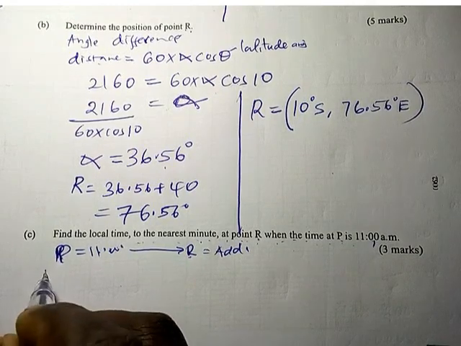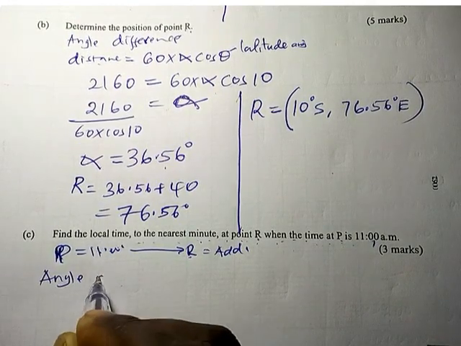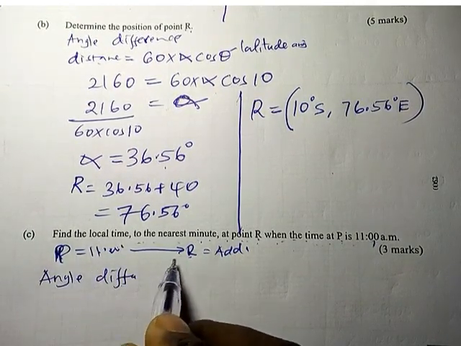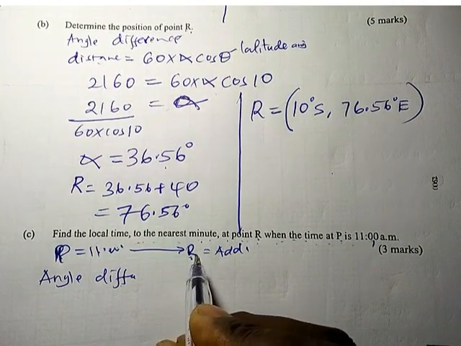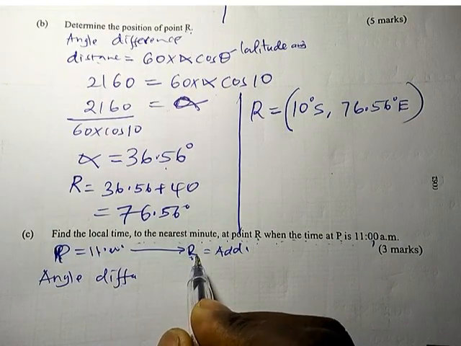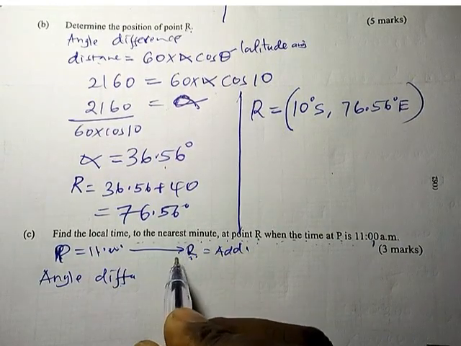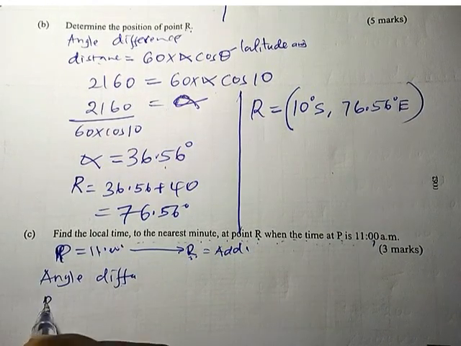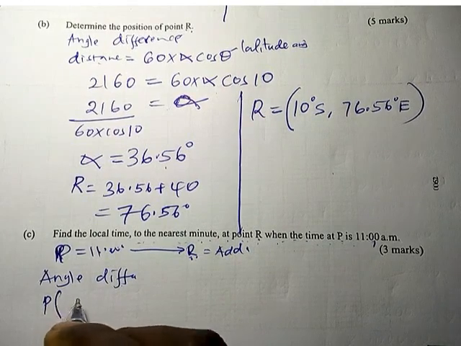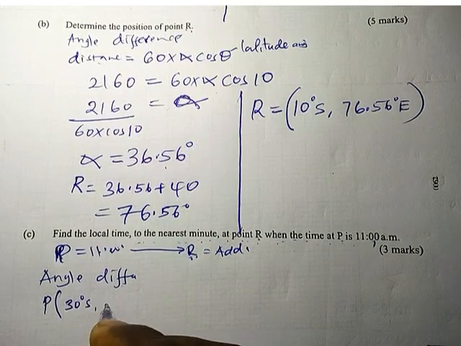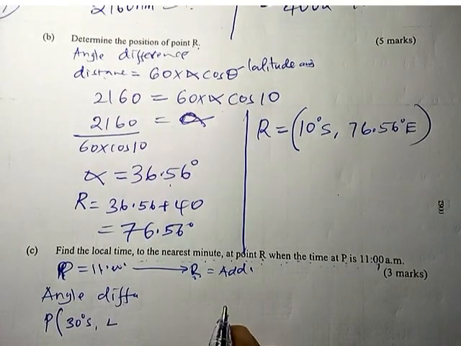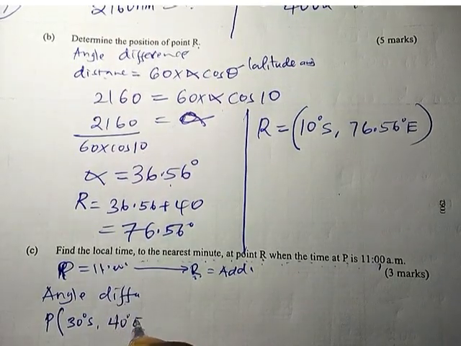So first, let us get the angle difference. Now we know the latitude and the longitude at R. Remember, for time we only use the longitudes. P is 30 degrees south, 40 east.